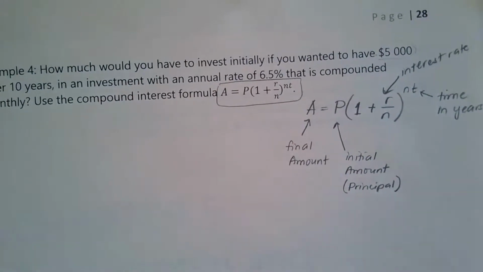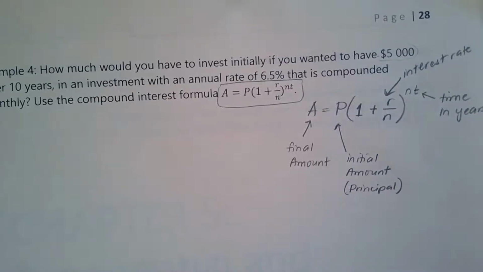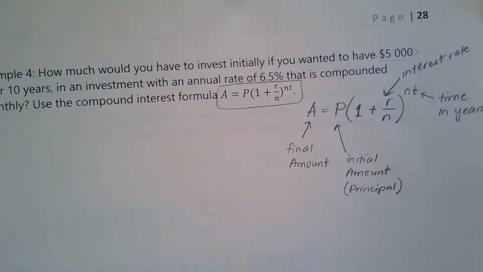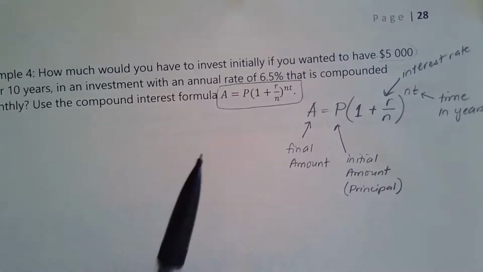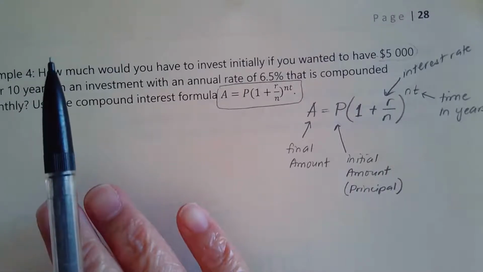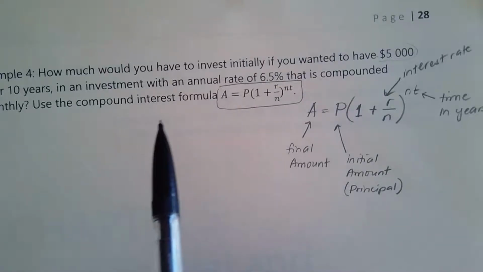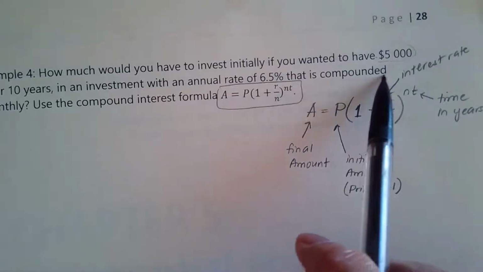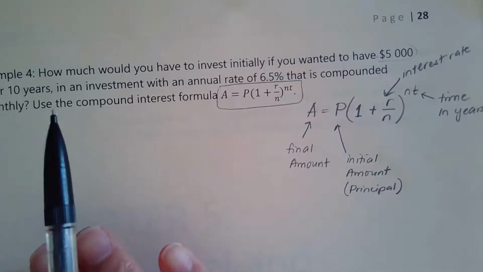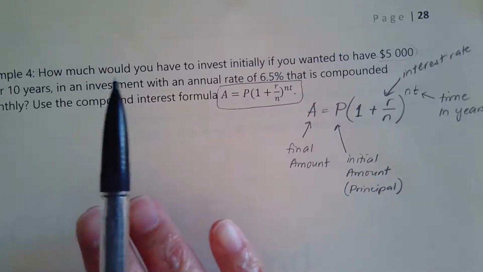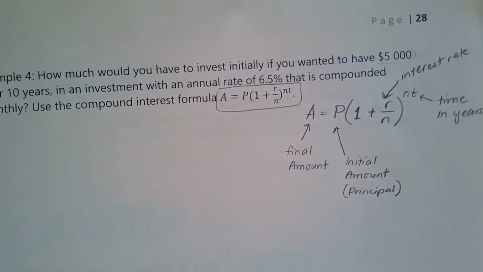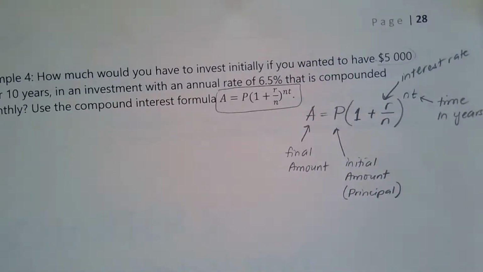Now, the only thing that's missing is N. What is N? N is the number of times something is compounded. So when you put some money in, it will gain interest. That's the interest that you're going to get. And when we say compounded monthly, whatever the interest is, it gets added on to the amount that you put in initially.